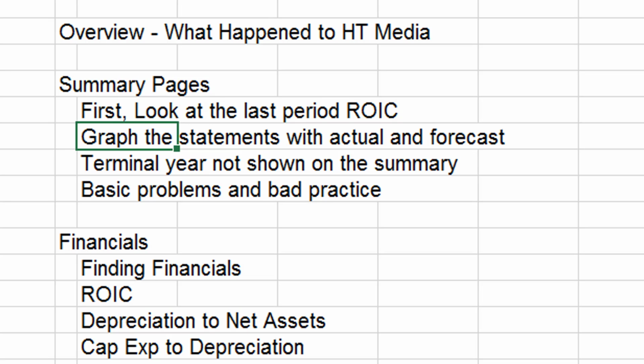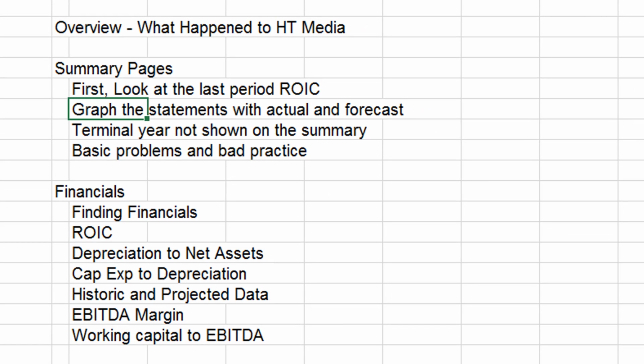So when you get such an enormous model, what's the first thing to do to check if this is a reasonable model? We'll try to do the same thing as with project finance models. I want to find the ROIC and look at the ROIC, especially in the terminal value.